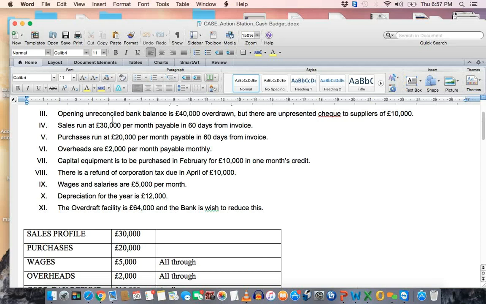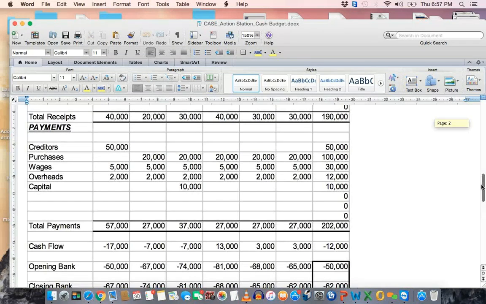If you see, there is an unpresented check. The opening unreconciled bank balance is 40,000 overdrawn, and there are unpresented checks of 10,000. So altogether 50,000. So 50,000 is our opening balance.